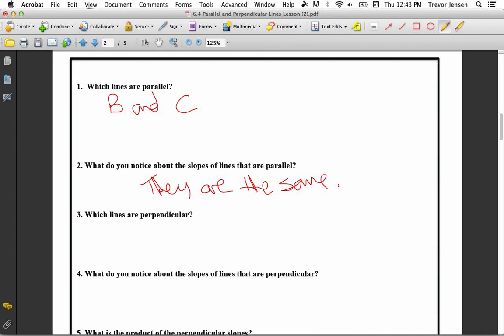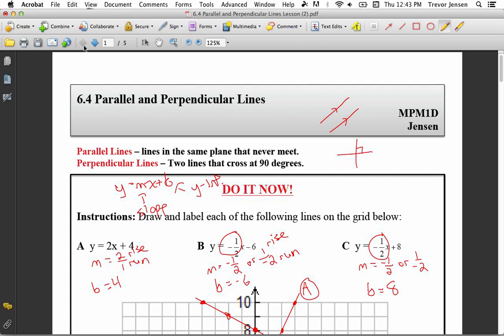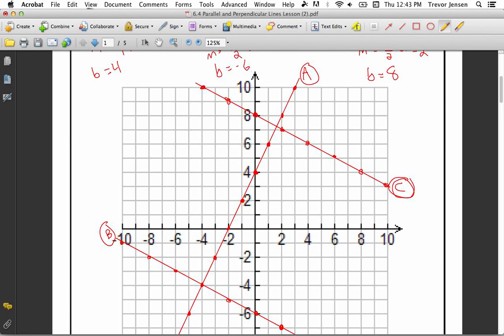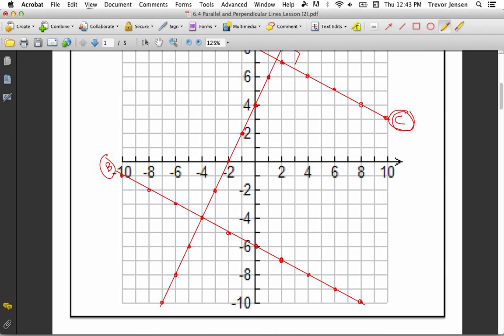Which lines are perpendicular? Okay, so which lines on the graph intersect at a 90-degree angle? Well, what you should notice is lines A and C intersect at a 90-degree angle, and lines A and B also intersect at a 90-degree angle.